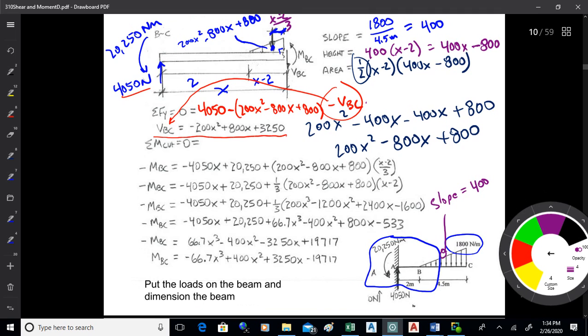Doing all right with that? VBC is right here, right where the cut is. Good. So now I've got everything lined out, all the numbers I need to plug into the equation up above.